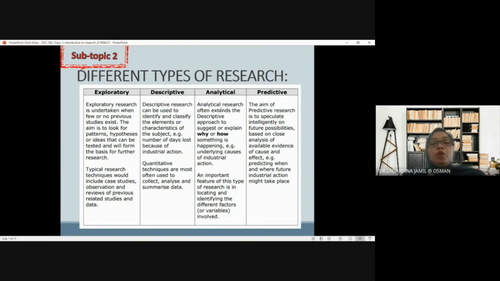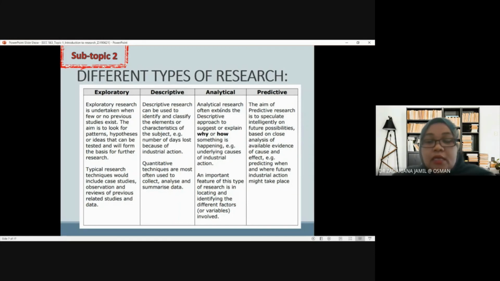So let's look at predictive research. The aim of predictive research is to speculate intelligently on future possibilities. For example, doing some statistics on population prediction in Malaysia is predictive research.